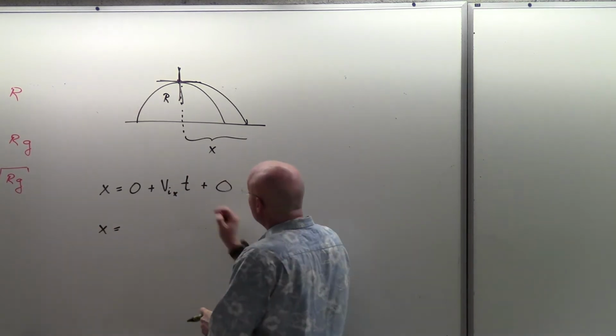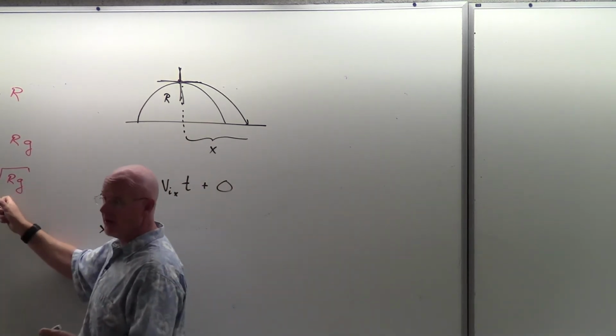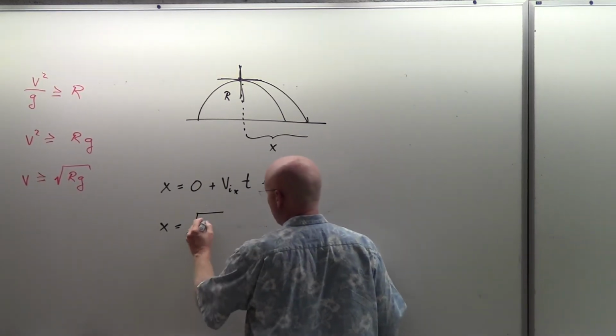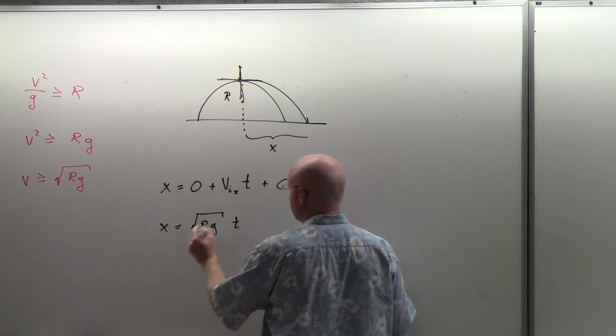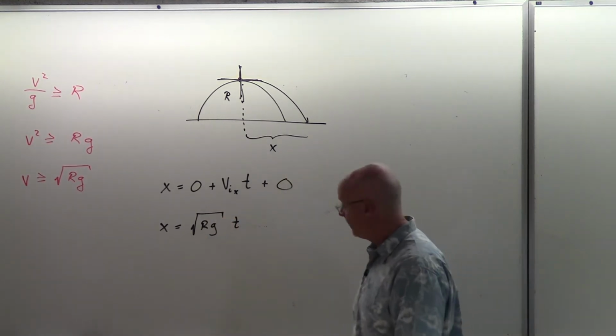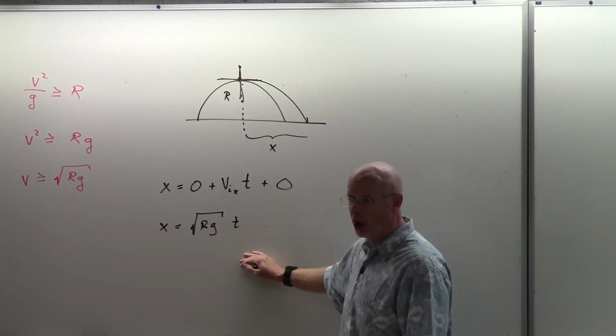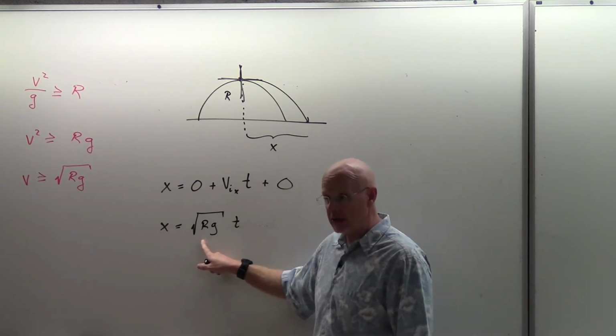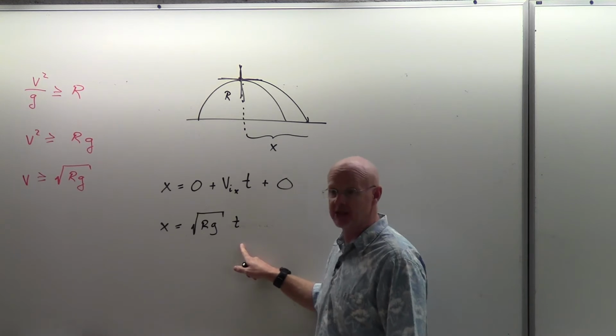In this case, the horizontal speed is this. So I will put the square root of rg and multiply it by t. That's how far this ball is going to go. It depends, of course, on how fast you kicked it and how much time it spends in the air.